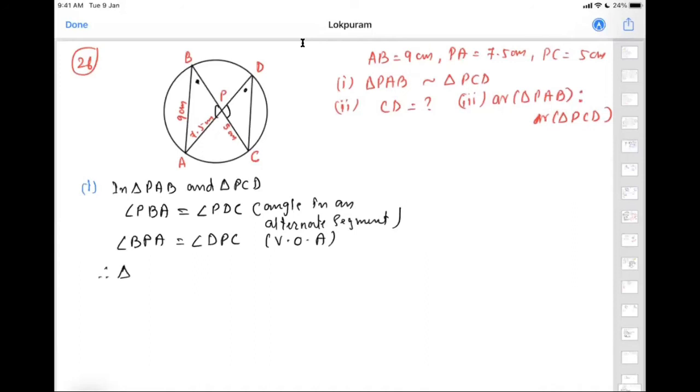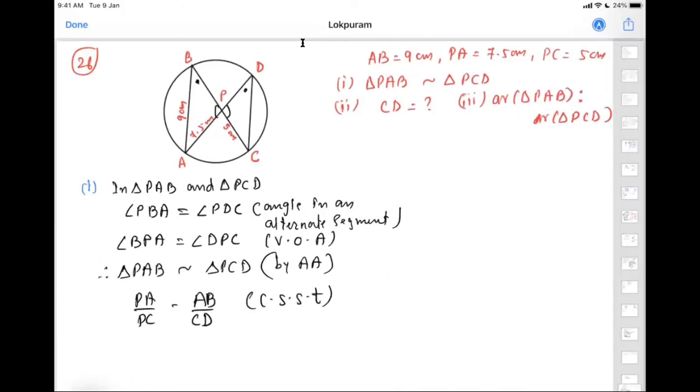So therefore triangle PAB is similar to triangle PCD by AA. So if two triangles are similar, we can say sides are proportional. We can say PA upon PC is equal to AB upon CD. So corresponding sides of similar triangle.